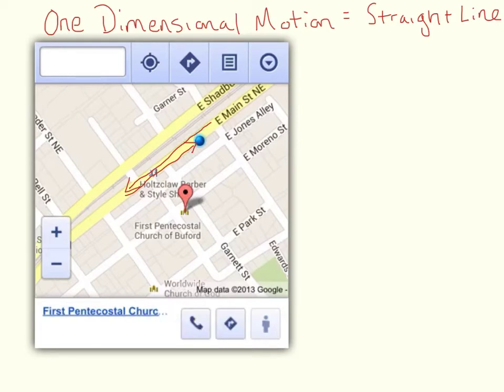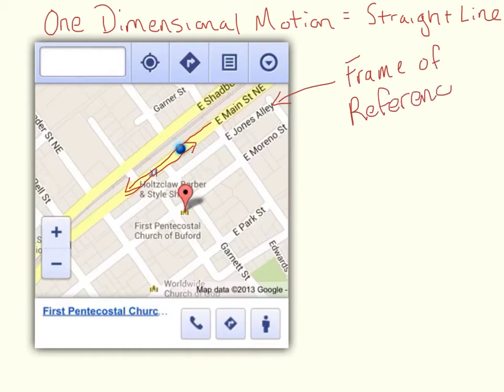Two other things I'd like you guys to know about motion in general is, first of all, it must always be described in a frame of reference. And in this case, we can consider this map to be our frame of reference. So a frame of reference, very simply, is what do we consider to be motionless so that we can compare our motion to it.